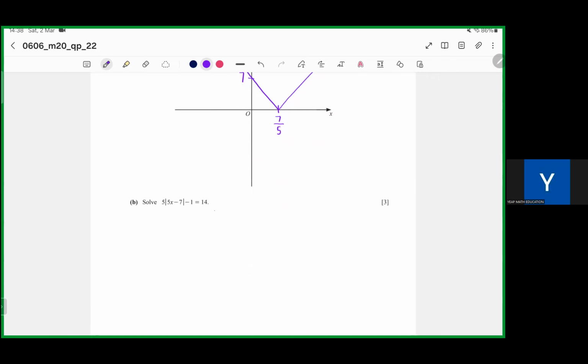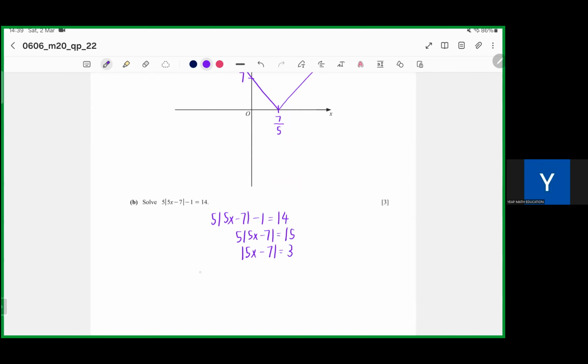Okay, actually it's easy. 5 modulus 5x minus 7 minus 1 equals to 14. So 5 modulus 5x minus 7 equals to 15. So modulus 5x minus 7 here is 3.